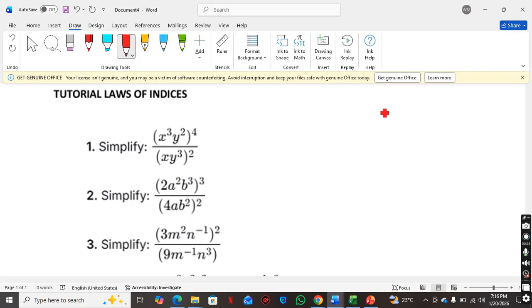The power of the power rule, we said if you have x to the power n raised to the power m, then it's the same as you can multiply the exponents for the indices. Remember, this n and this m are the indices or the exponents for the powers.